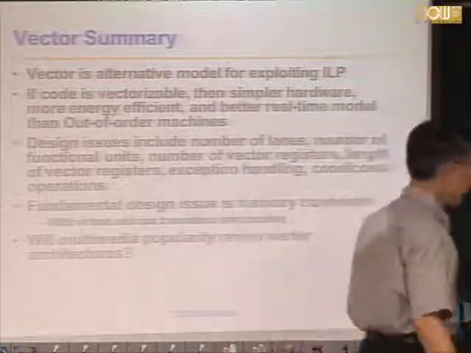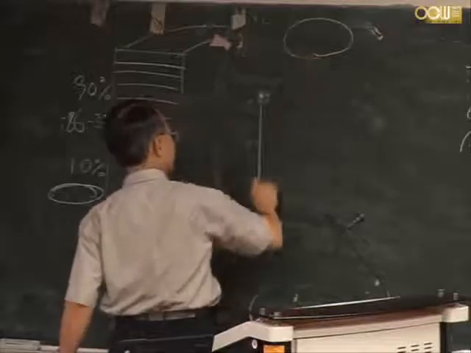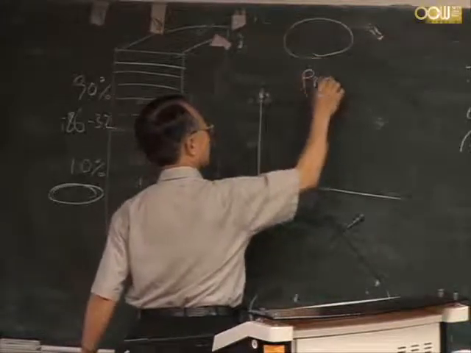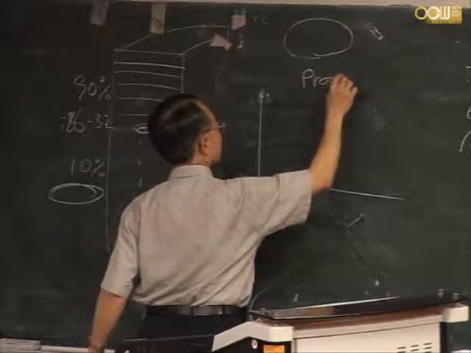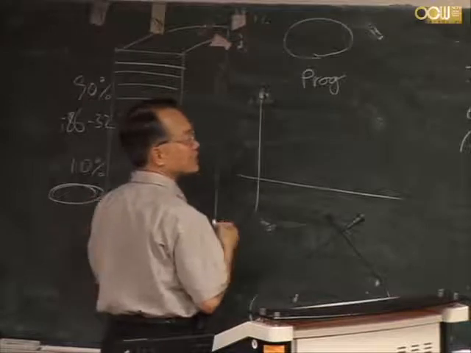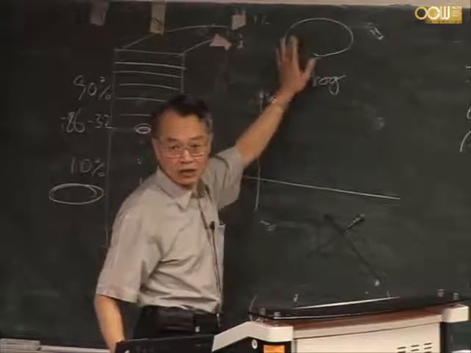So for the vector machine design, like the Cray, say I have a big vector machine. If you have a program, you can run it in vector mode. You can run it also in scalar mode. Remember, the vector machine also has a scalar part.